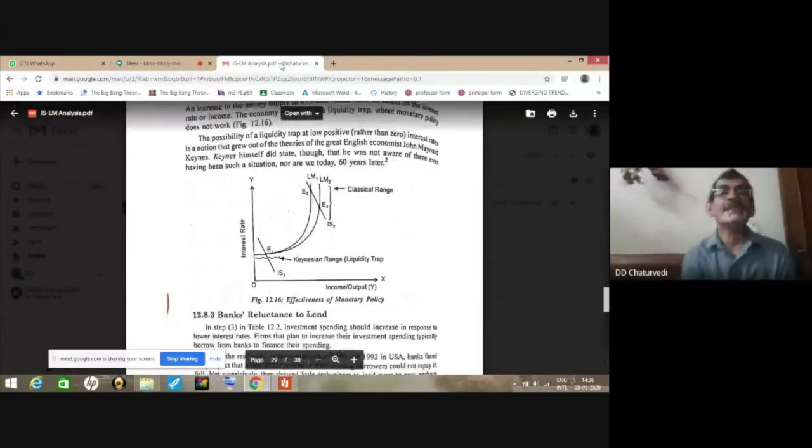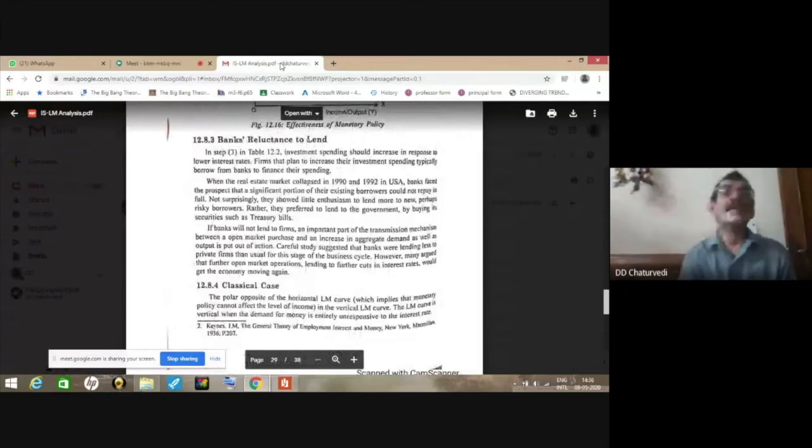Next heading is banks' reluctance to lend. Now this particular situation is particular to the USA, where when the real estate market collapsed in 1990 and 1992, banks didn't lend money to risky borrowers.